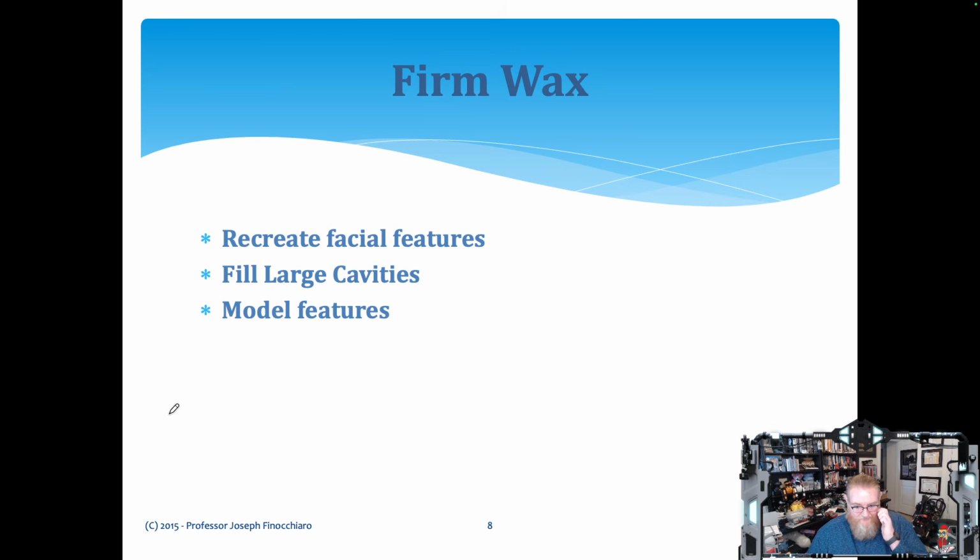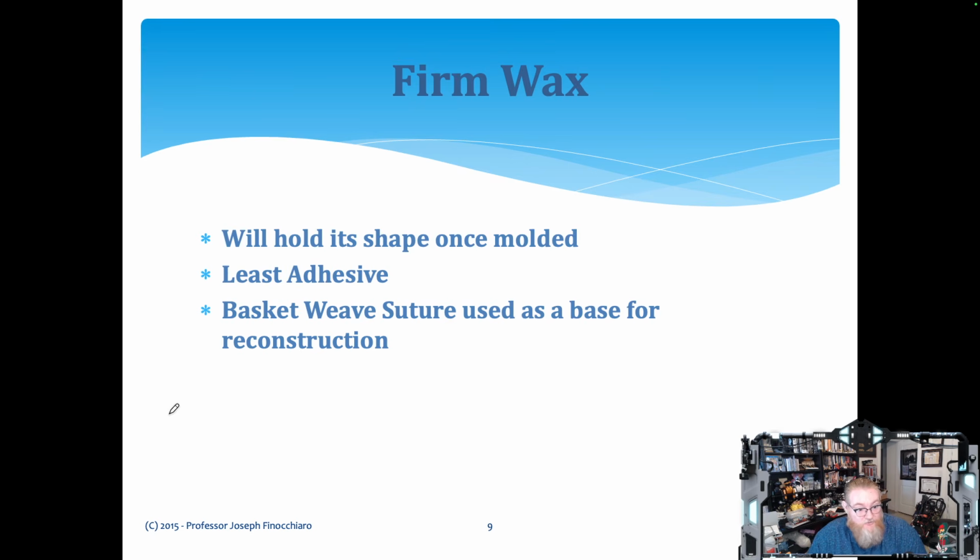So firm wax. We can use it to recreate facial features, we can fill large cavities, and we can use it to model features. It will hold its shape once molded. It is the least adhesive of the different waxes, and a basket weave suture is used as a base for reconstruction.